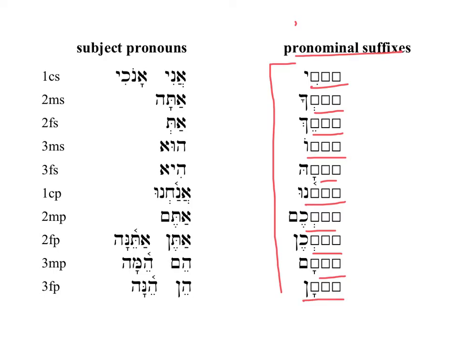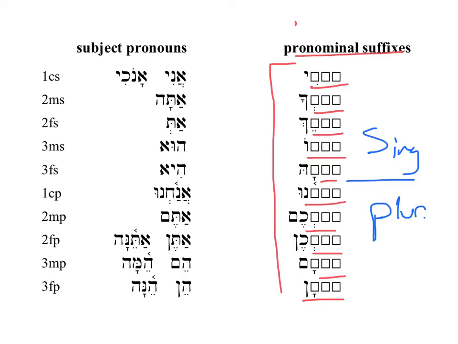So we have all these different endings depending on first, second, third person, and we also have a difference between singular and plural. And it's important for us to become familiar with these. I don't know if you have to outright memorize them, but you should become very familiar with them and work hard to get them early on because they're very, very common in Hebrew.